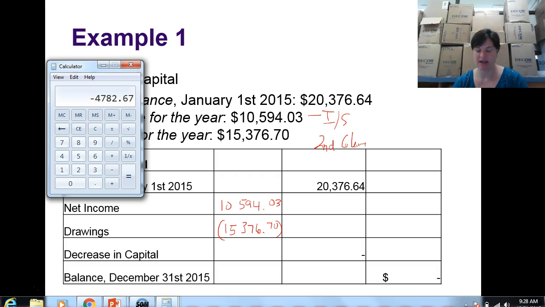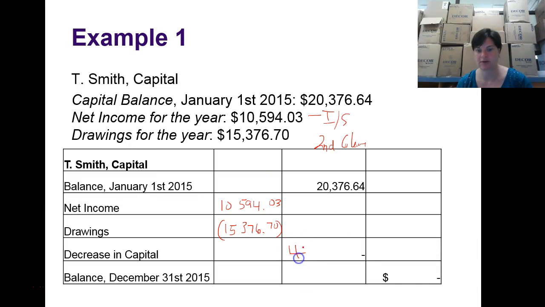And that's going to give me $4,782.67. This is our decrease in capital. So because drawings are greater than net income, it's giving me a decrease in capital.